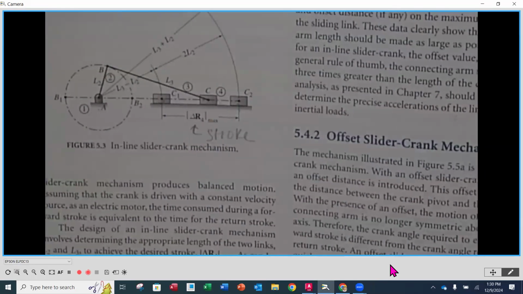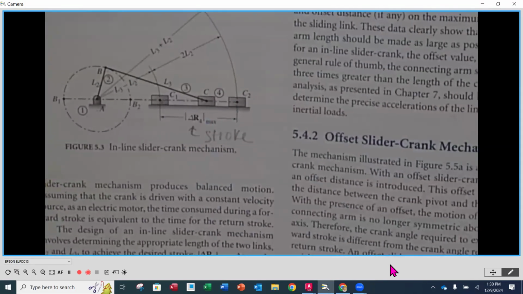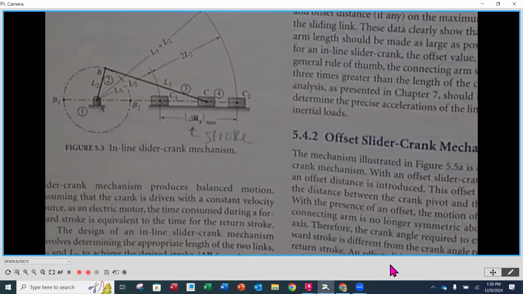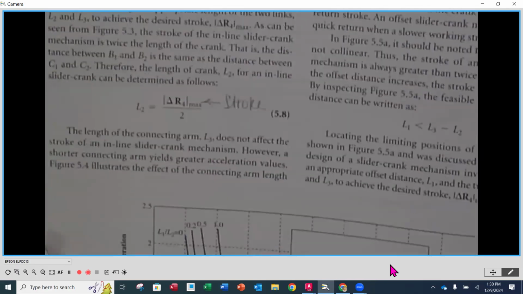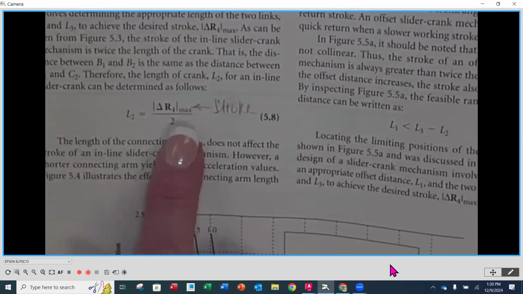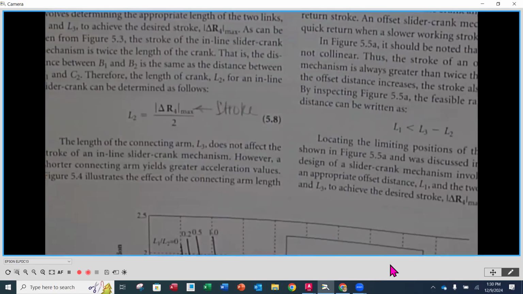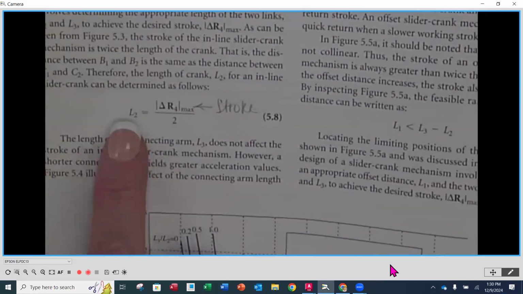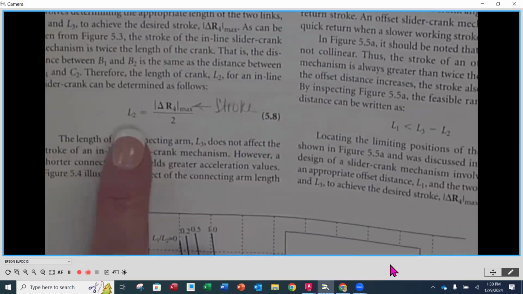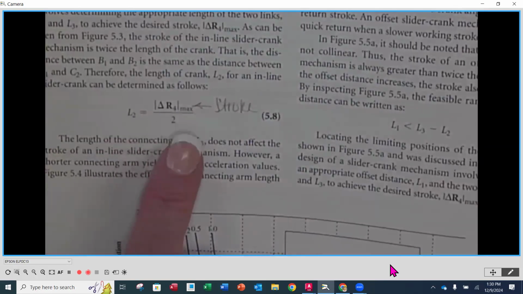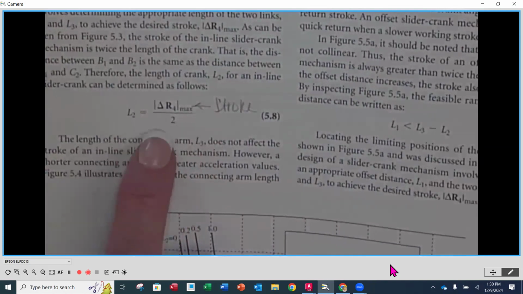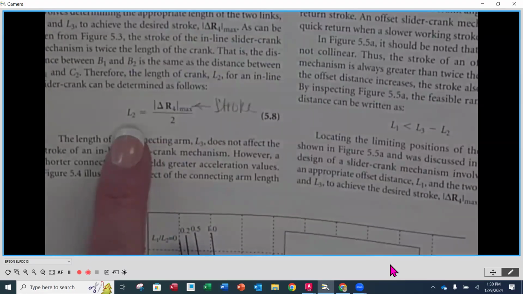Now, when we have an inline slider crank mechanism, my L2, the length of my crank, is going to be equal to the stroke divided by 2. Or, more often, we solve for the stroke, and it is 2 times the length of our crank.